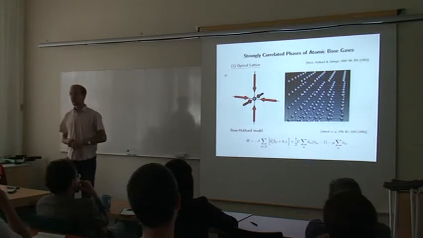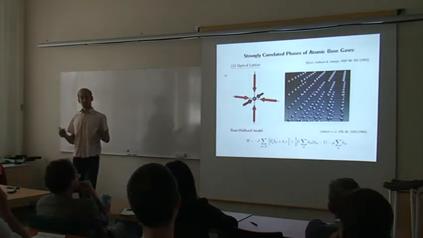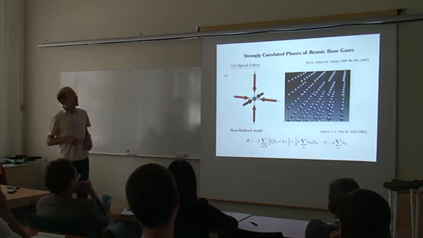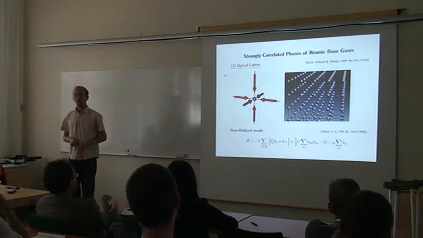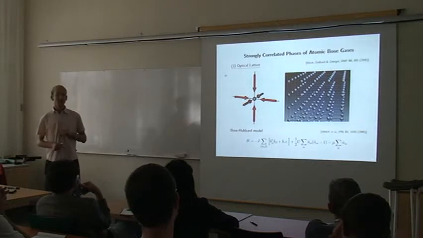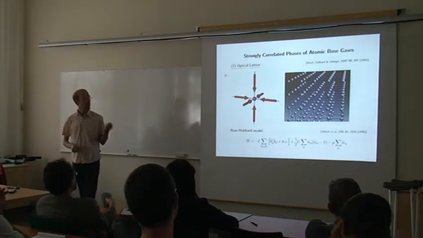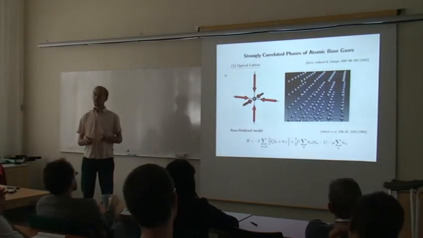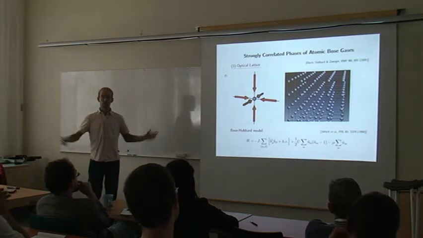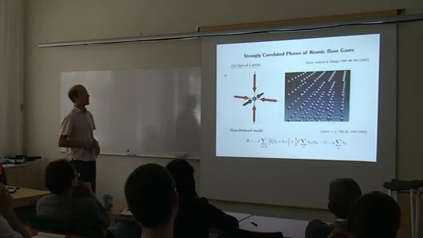One way to do that is to use optical lattices, which you create using standing light waves. You create locations in space which are preferred positions for the atoms to sit, and on each of these lattice sites, atoms will then interact much more strongly than they would in a continuous dilute system.